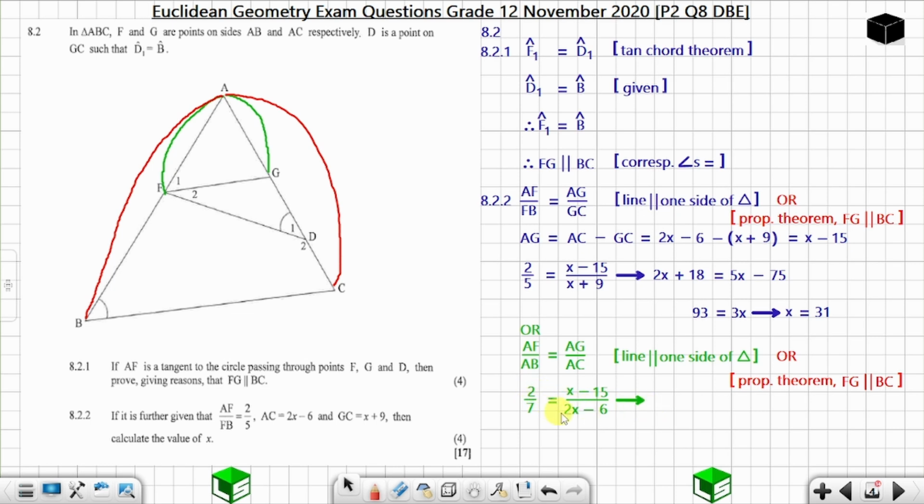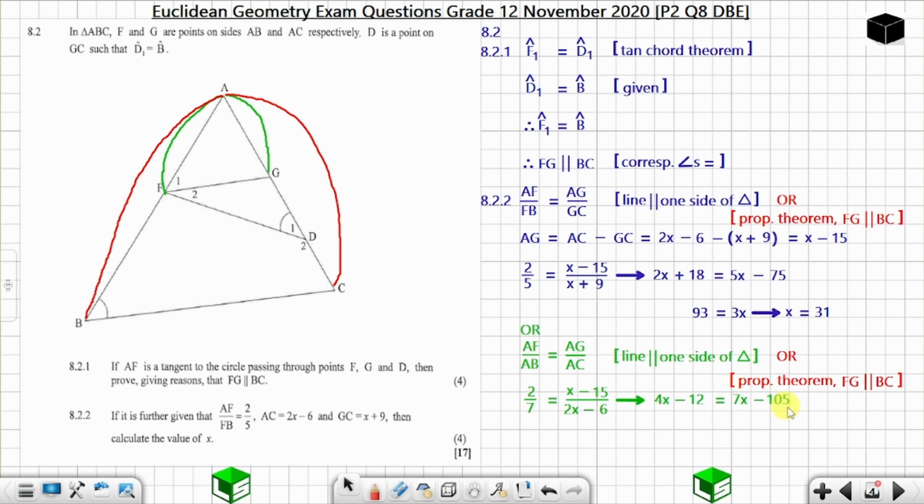So you have 4x minus 12 when you cross multiply, equal to 7x minus 105. So you are going to have negative 12 plus 105.